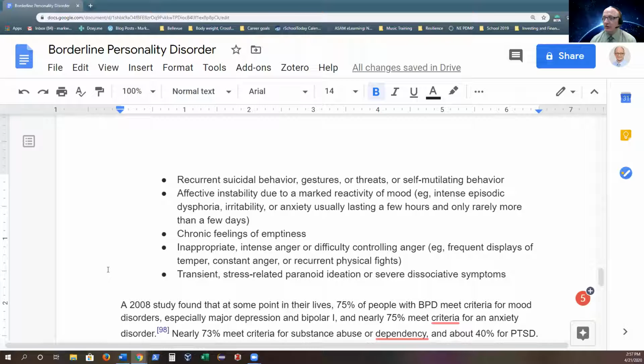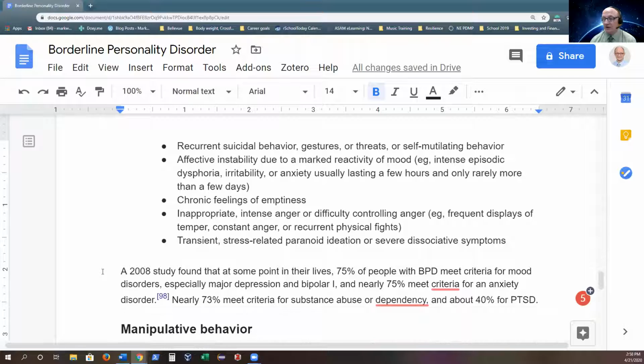Whereas in bipolar, the environment doesn't have much of an effect on whether they're depressed or manic. But in borderline, if they get in an argument with somebody, then they're going to be severely depressed. And if something good is going on in life, then they're going to be euphoric, back and forth with strong emotions that can change from minute to minute or hour to hour. And that's not what bipolar is like.